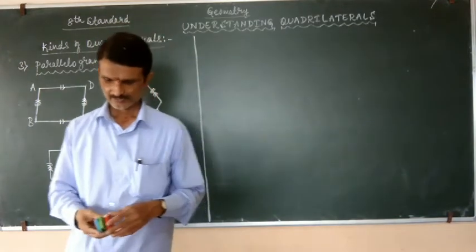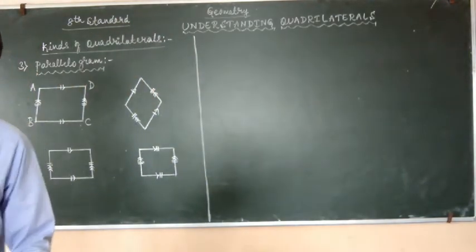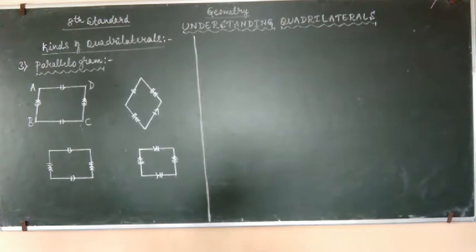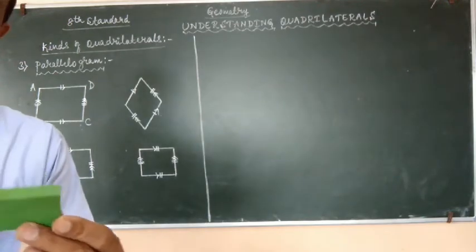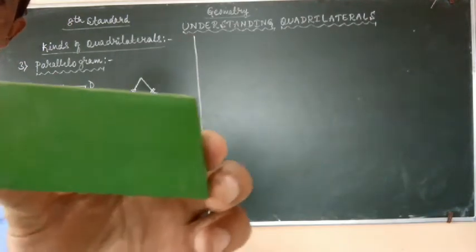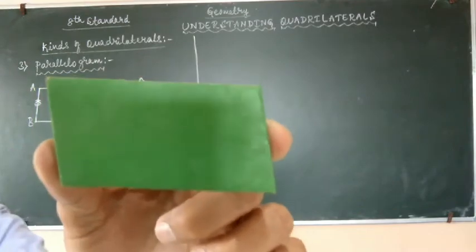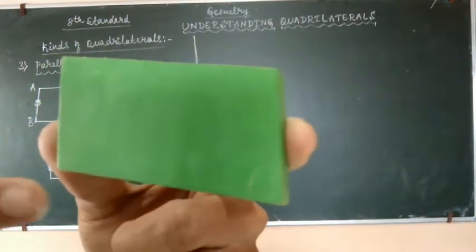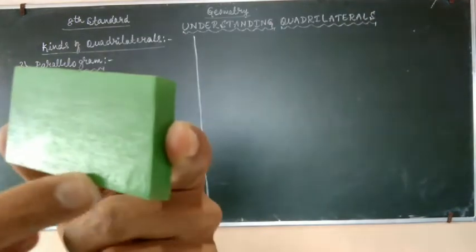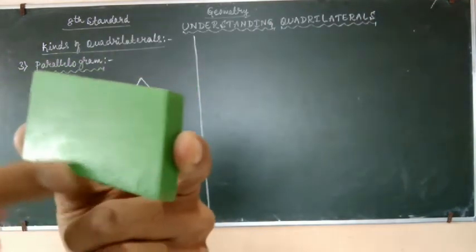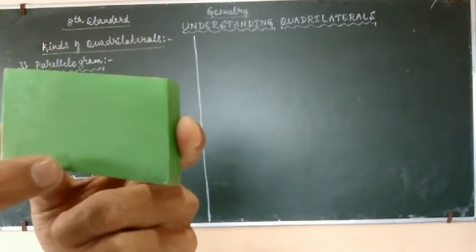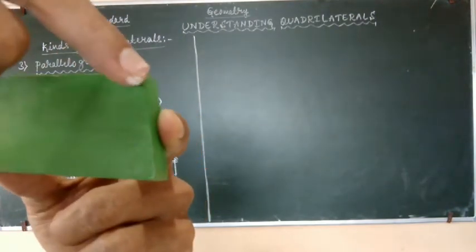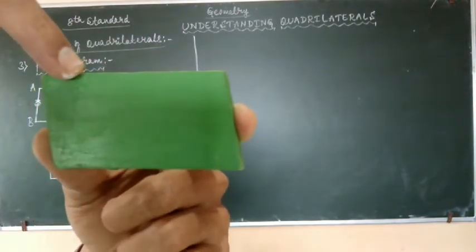So students, observe these objects. Observe clearly. In this object, this line is equal to the above line.